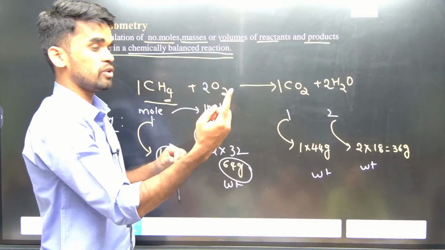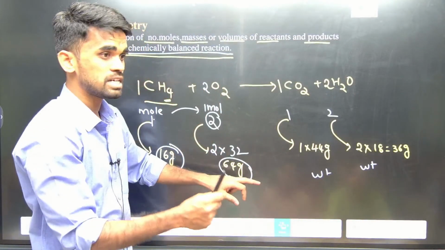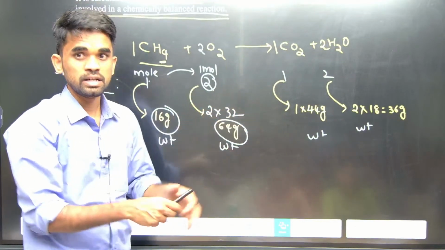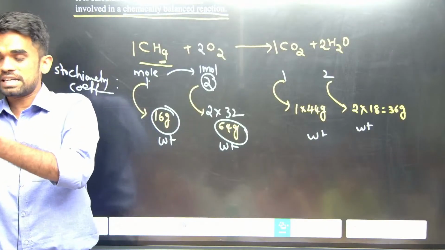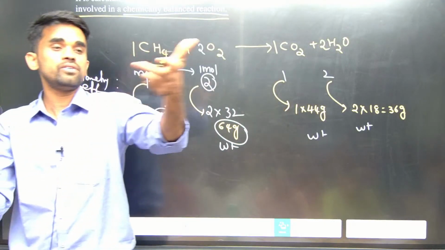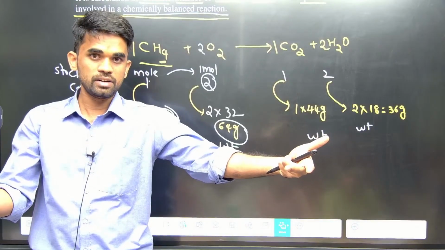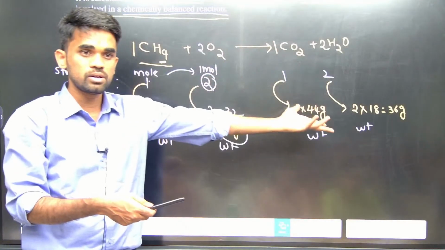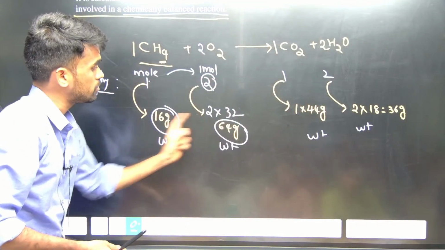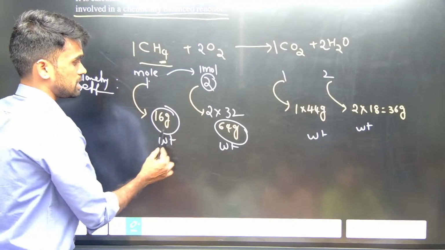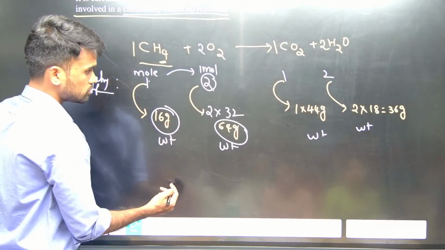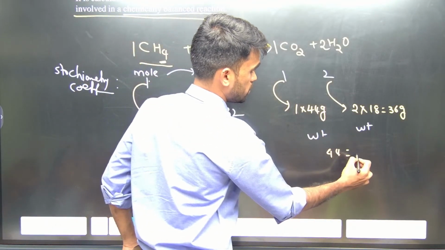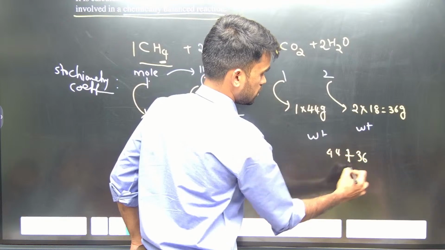And one more thing, there is something called the law of conservation of mass. It means whatever amount of starting material you take, the same amount will be there on the product side. The mass of reactants will be equal to the mass of products. So calculate the sum. 16 plus 64 is 80. And 44 plus 36 is how much? 80.